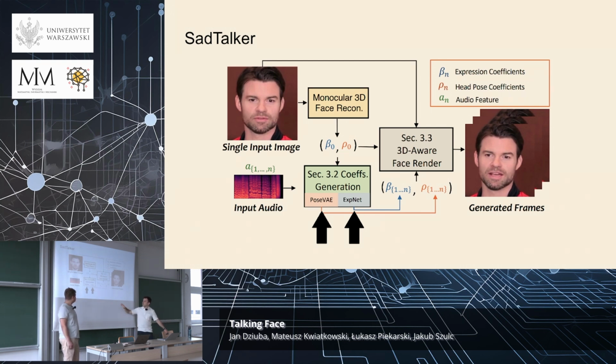One is beta, the expression vector, and the second one is the pose vector. So the SadTalker model generates these two features using two small models: ExpNet and PoseVAE.